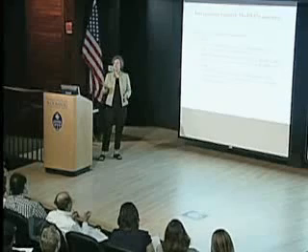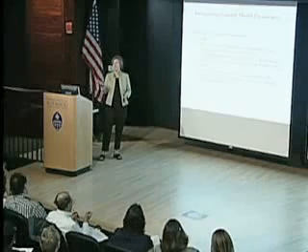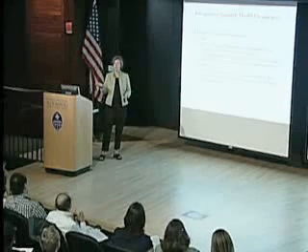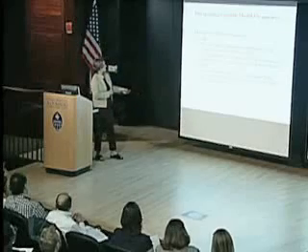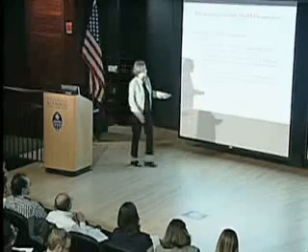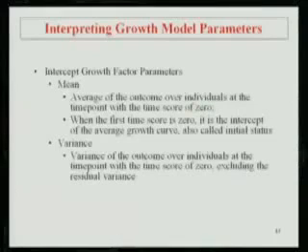So when you're looking at the output, if you've estimated a random slope, for example, you want to know where's its mean and where's its variance. So the slope growth factor also has a mean and a variance. And the mean is just the average growth over individuals.